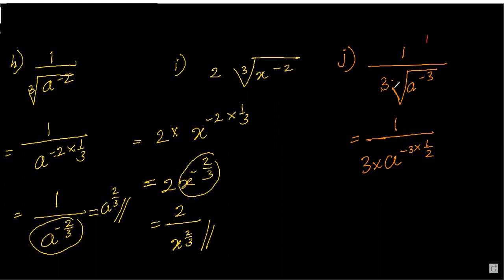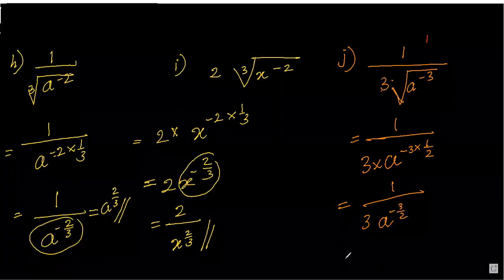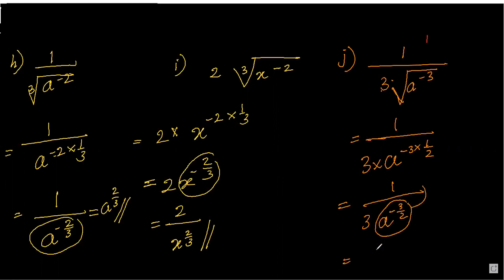Nothing there inside this. It means a to the power half, then minus 3 into half. Then you can write 1 over 3 a minus 3 second. Then you can take this one over the line. Then we can write a to the power 3 second over 3. Write the answer. This is the answer.